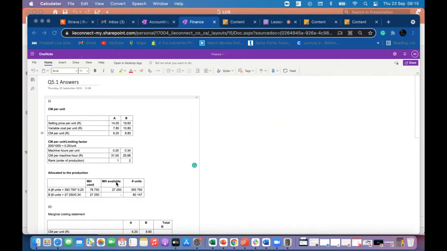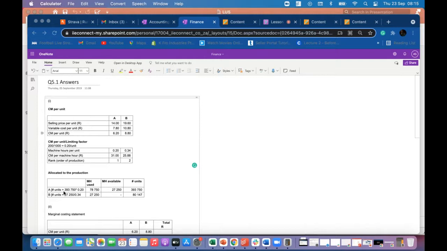Then how we move forward is we say, to find the most optimal number of products that we should produce, let us produce all the units that we want to produce for A, and then whatever we have left over, we will produce for B, since B brings us a little less money than A does.